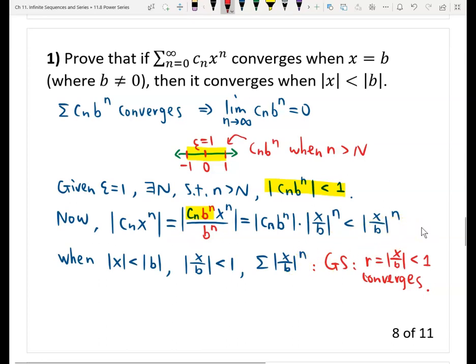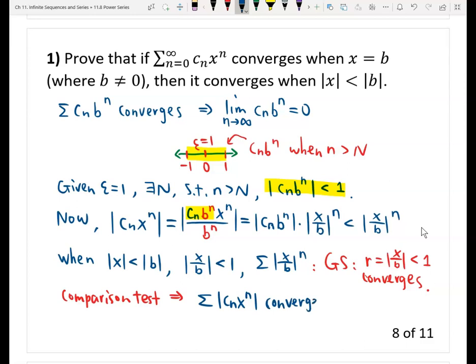Therefore, by the comparison test, the comparison test gives us these results. The smaller series is controlled by a convergent series, therefore this converges, right? And this converges, now we have the results.